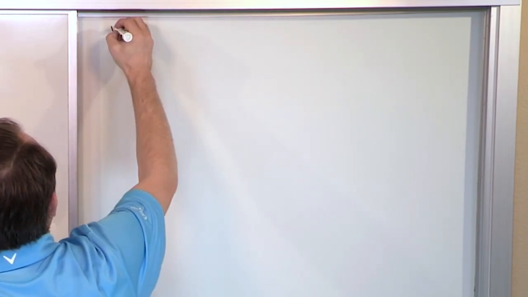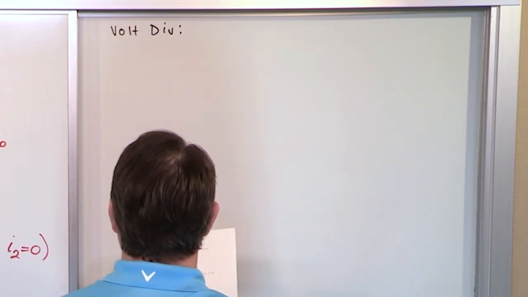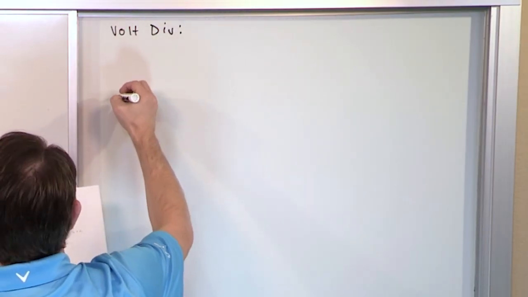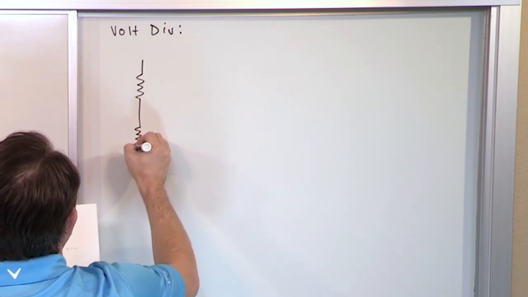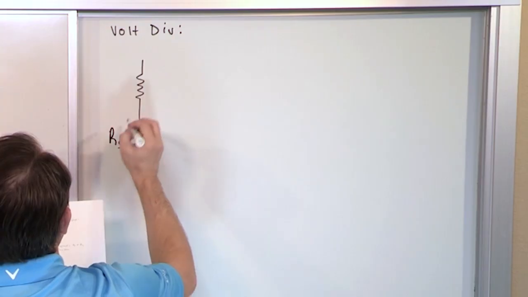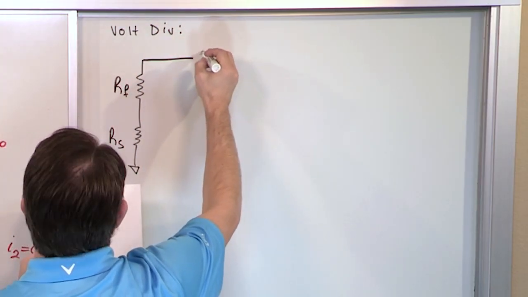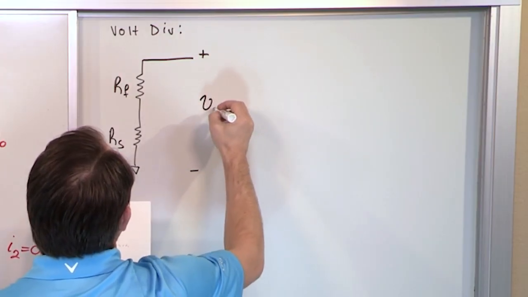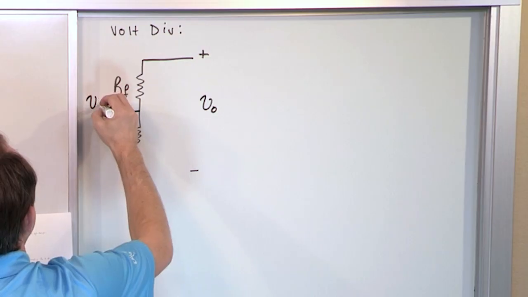Okay, so this becomes a voltage divider, or you can model it as a voltage divider. And what I mean by that is the following. You have this resistance, and then you have another resistance, and they're connected to ground. This one is called R sub S, and this one's called R sub F. And then here you have plus minus V out. And then here you have a tap-off, and this one's called V sub 1.